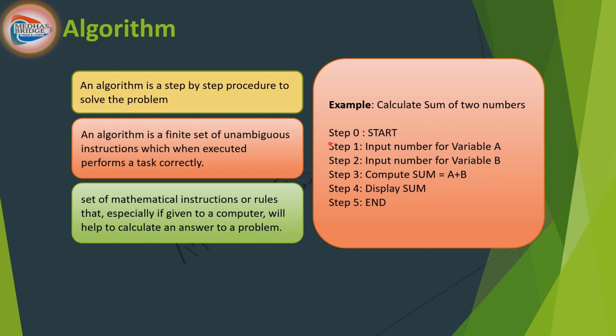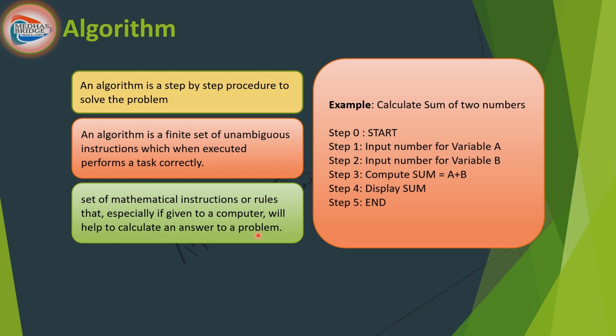This is what you're doing. So what I am reminding here is there is a step-by-step procedure which we use to solve this problem, and hence the definition of algorithm is a step-by-step procedure to solve the problem. A set of mathematical instructions or rules that, especially if given to a computer, will help to calculate an answer to a problem.